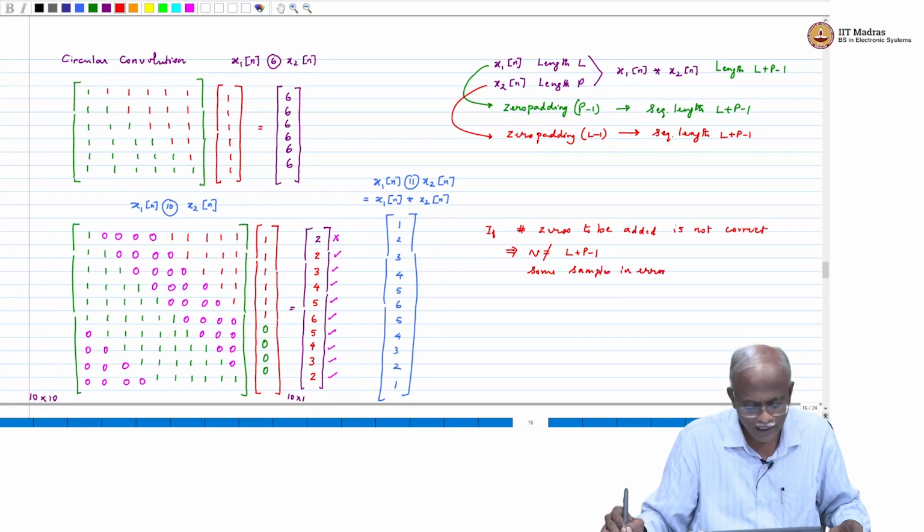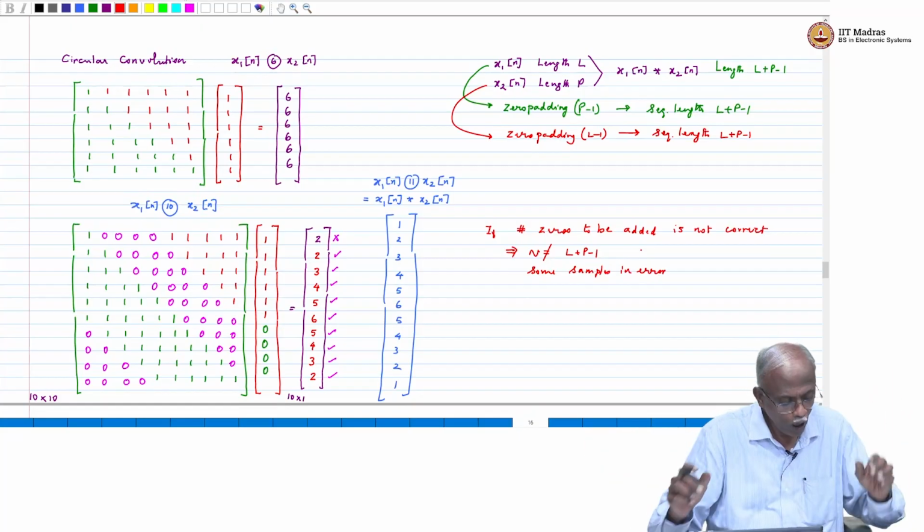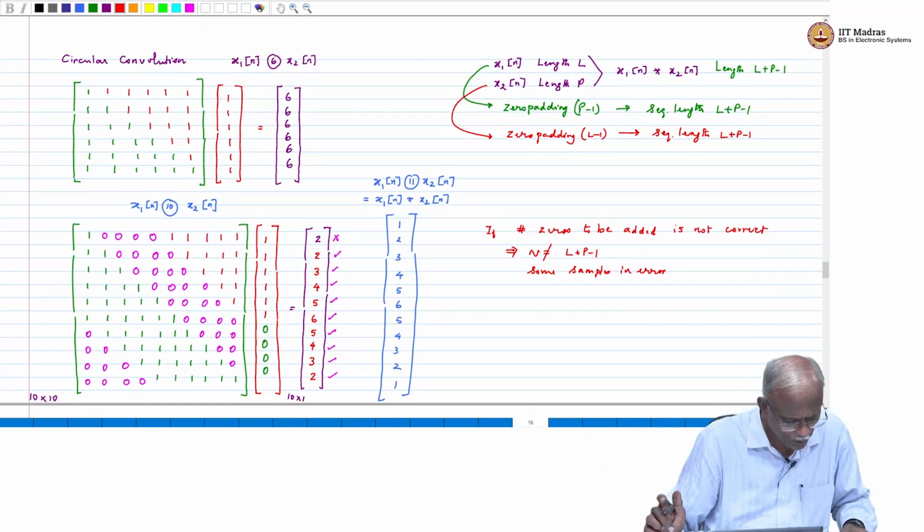How many samples are in error depends on how much shortage you have.